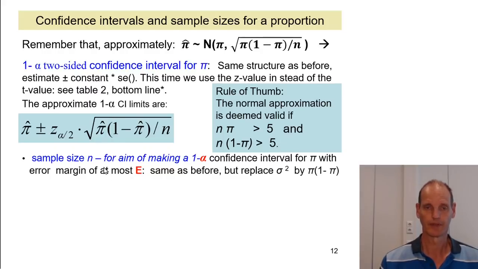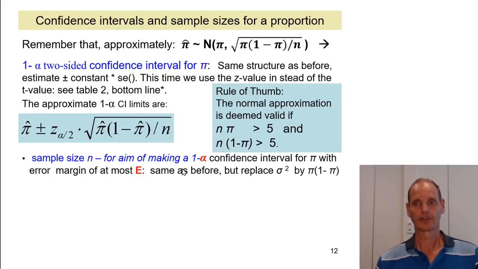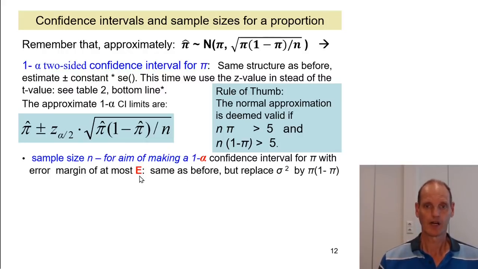We have one more issue to deal with, and that is the sample size, for making a 1 minus alpha confidence interval for pi with an error margin of at most e. Similar to the discussion in the previous lecture, for a confidence interval we have two precision criteria: the confidence level, or 1 minus the confidence level, in this case alpha, and the error margin.